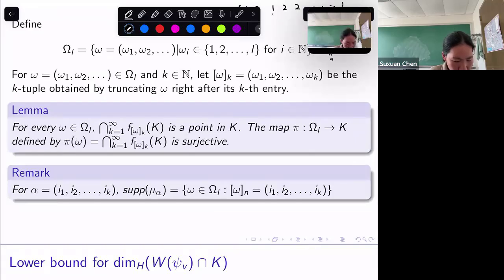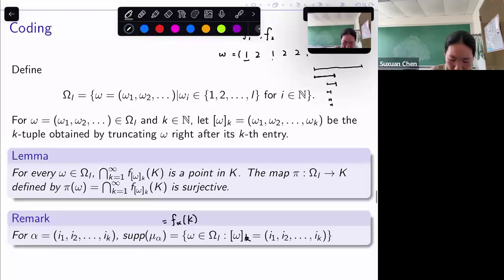And moreover, for the K-tuple alpha, the support of mu alpha, which by a previous result is equal to F alpha of K, consists of the elements in omega L such that if we truncate after the Kth entry, we get I1, I2 up to I sub K. So basically, it's saying that the support of mu alpha consists of the elements in omega L such that its first K entries are of this form.